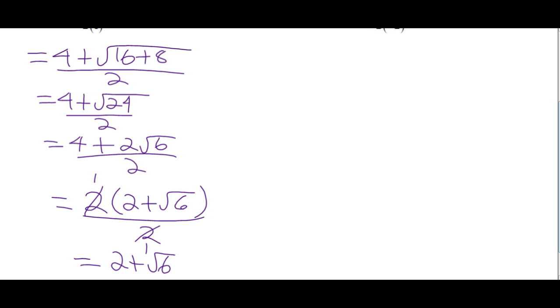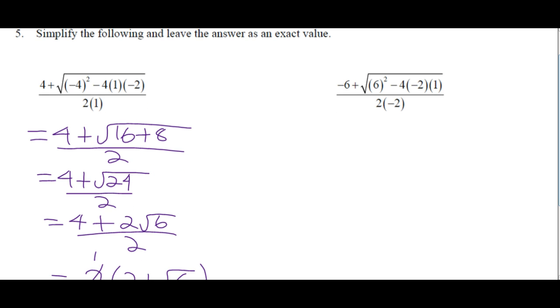Okay, I'm not quite done yet. Okay, -6 plus root 6 squared is 4 minus 2 times 1. 4 times -2. Sorry, it's 4 times -2. -8 times 1. -8 minus -8.